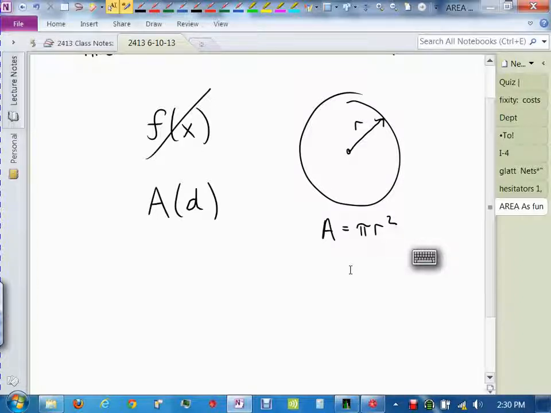Yeah, you need to know the relationship between the radius and diameter, right? Your radius is always half the diameter, isn't it? Or if you want, the diameter divided by 2. Those mean the same thing, right? Half d is the same as d over 2. I would encourage you to get used to writing things more like the one I highlighted in yellow, as you'll see later on in this class.